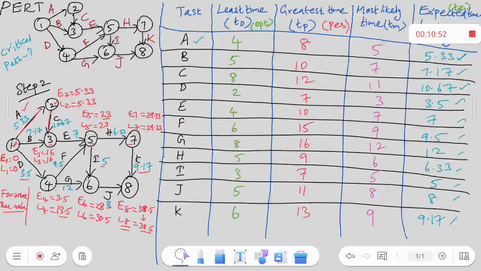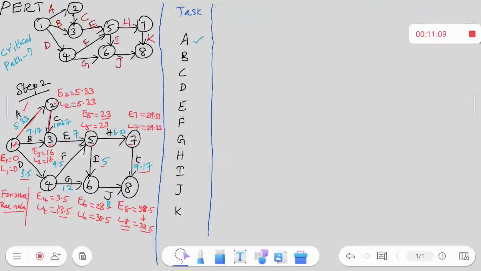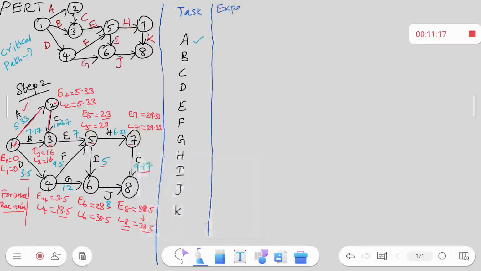We need to fit in the exact values. This tabular column is not needed now, so I delete it and write the new values.